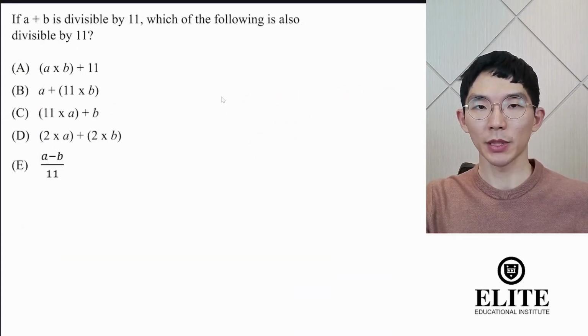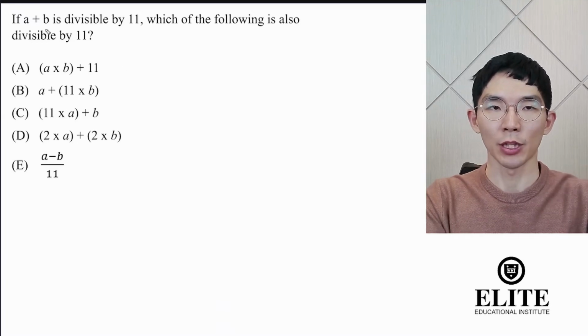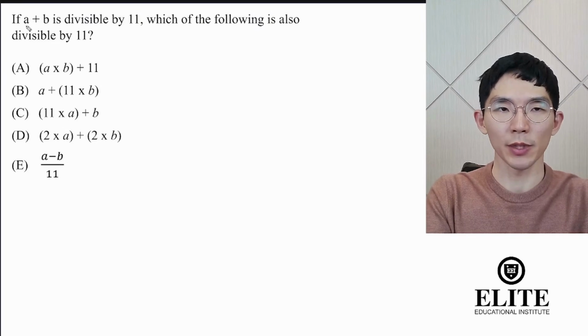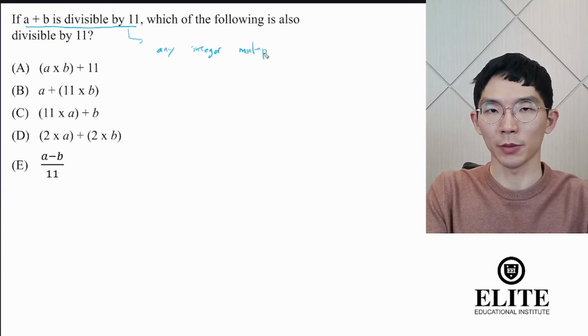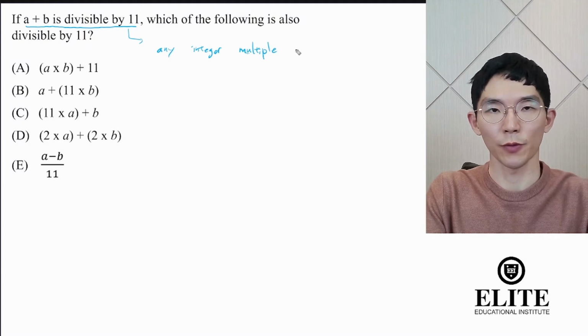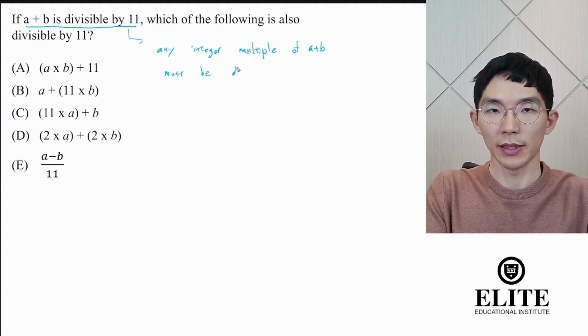If A plus B is divisible by 11, which of the following is also divisible by 11? So let's take a look at this. What does it mean by A plus B is divisible by 11? That means if I take an integer multiple of A plus B, so if I multiply A plus B by any integer, like 1, 2, 3, 4, 5, 6, then that also must be divisible by 11.